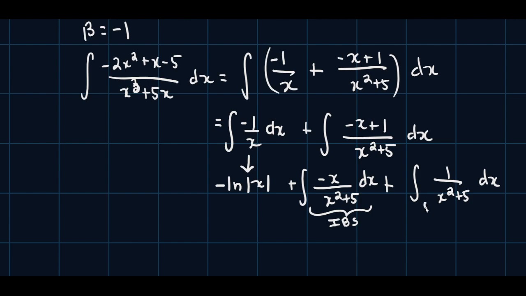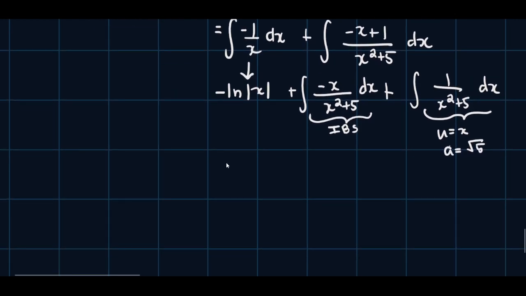Tapos, dito, this should look familiar. Ito yung previous lesson rin natin, yung inverse trigonometric. Okay? We have here u equal to x and a equal to square root of 5. Okay, so using the appropriate formula, so negative ln, absolute value of x, using integration by substitution, negative 1/2 ln ng x squared plus 5.